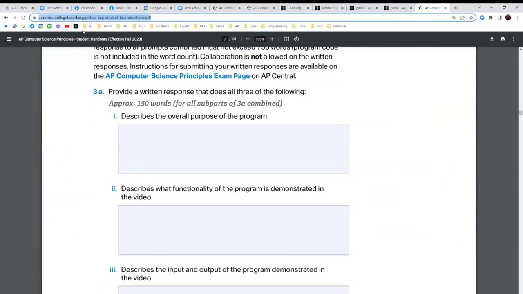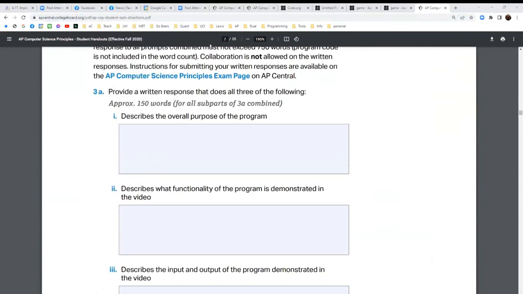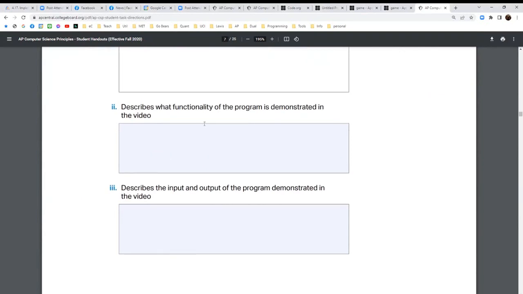Okay, so let me copy this one. You have to answer these different questions. So you write this one, you actually download this one, put it into a Word file or some file. Okay, describe the overall purpose of your program, describe the functionality of the program demonstrated in the video.